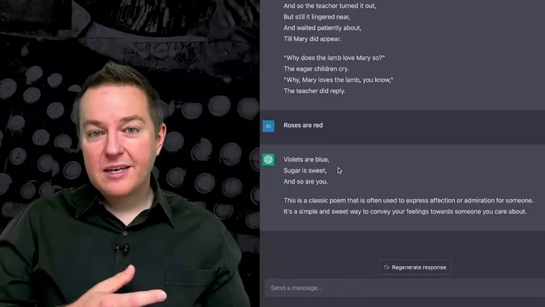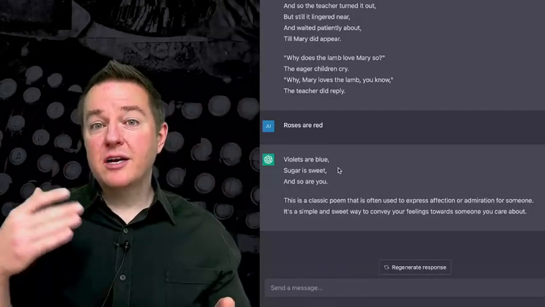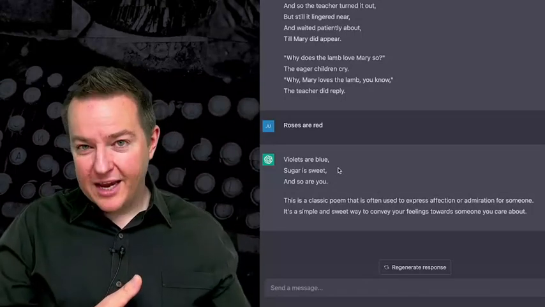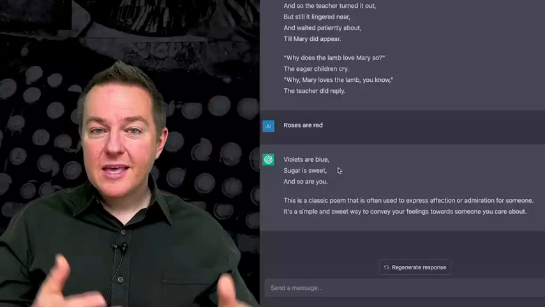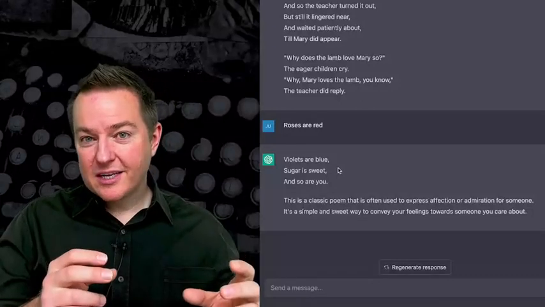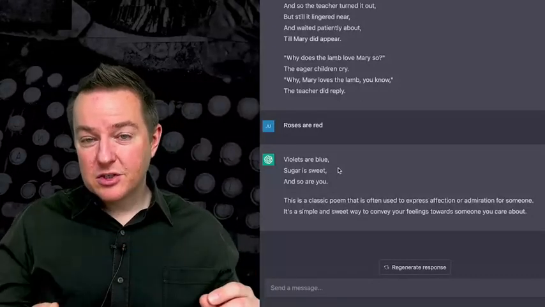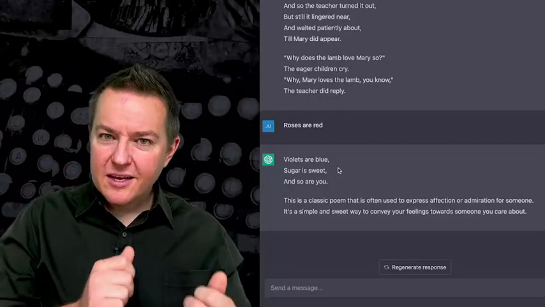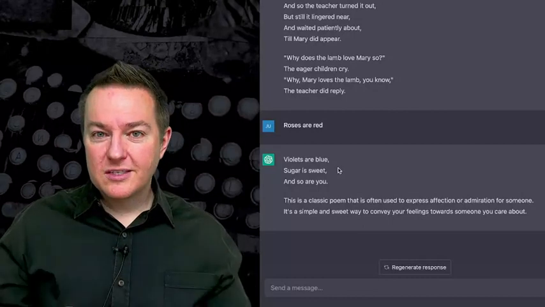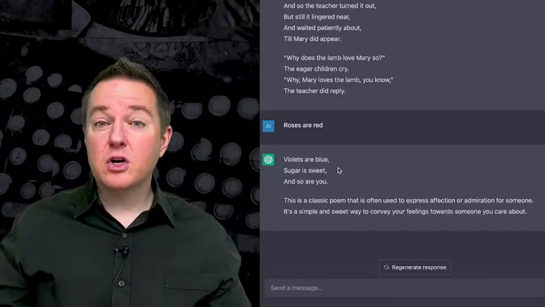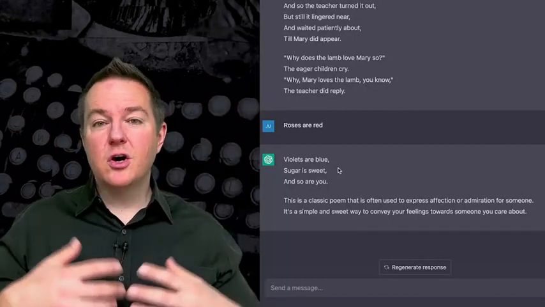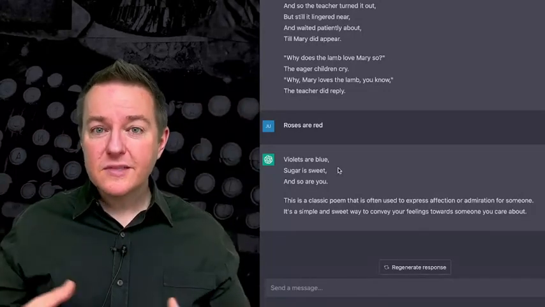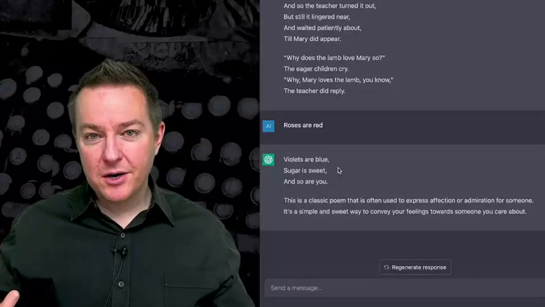It was given a paragraph of text from the internet, and they would show it part of the sentence, and they would ask it to try to predict the next word in the sentence. And when it got it wrong, they would go and tweak the model. That's what they call these things, large language models. And they're large because they were trained on so much data, and they have so many different parameters to them.